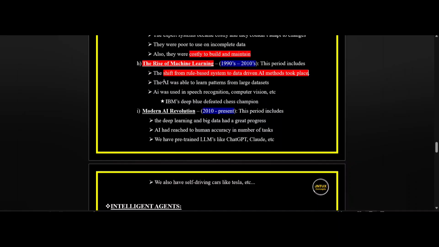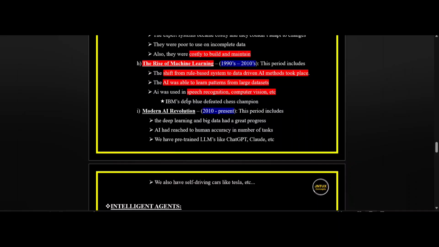AI was able to learn patterns from large data sets. Machine learning helped AI systems understand the patterns and underlying characteristics, so that large data sets can be easily handled and output can be derived from them. AI was also used in speech recognition, complex vision tasks, etc.